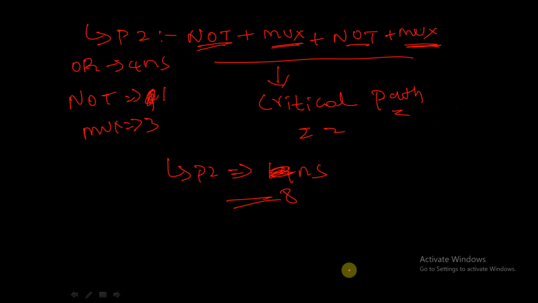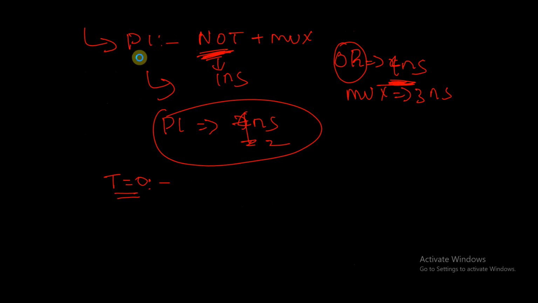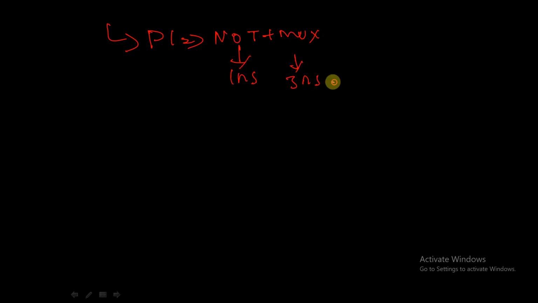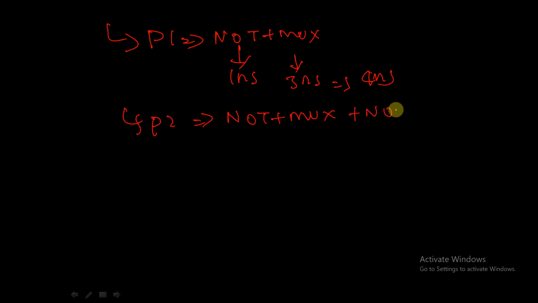Yes, sir. So for getting the false path, I have taken the first scenario wrongly, so that's why we are getting it wrong. Let me modify that. So path one is NOT plus MUX. Here NOT is 1 nanosecond and MUX is 3 nanoseconds, which is 4 nanoseconds. And path 2 is NOT plus MUX plus OR plus MUX.